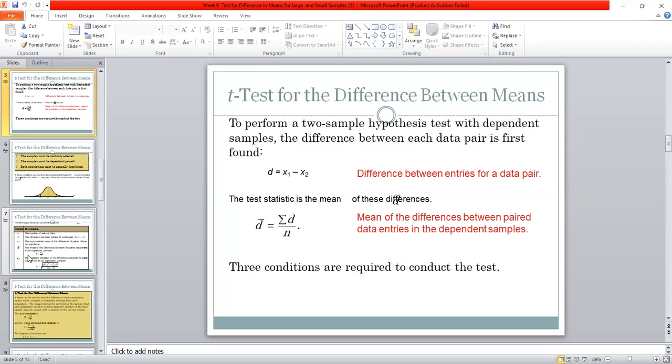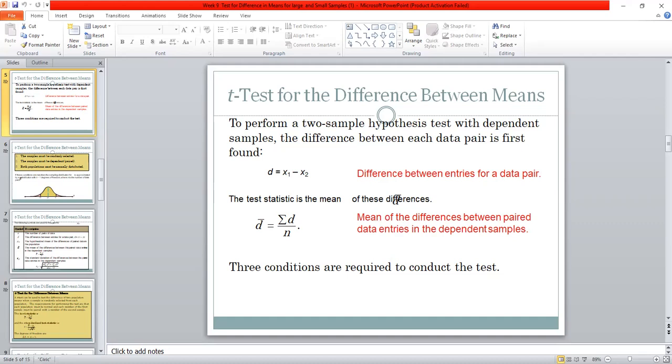This is the difference between means, so it's the population mean. The hypothesis here will be, and now you have to actually write this: let mu A, mu subscript A, be the service time after, and mu B be the service time before.